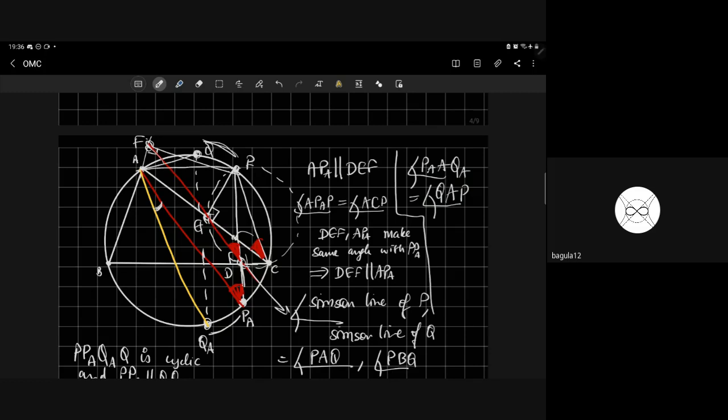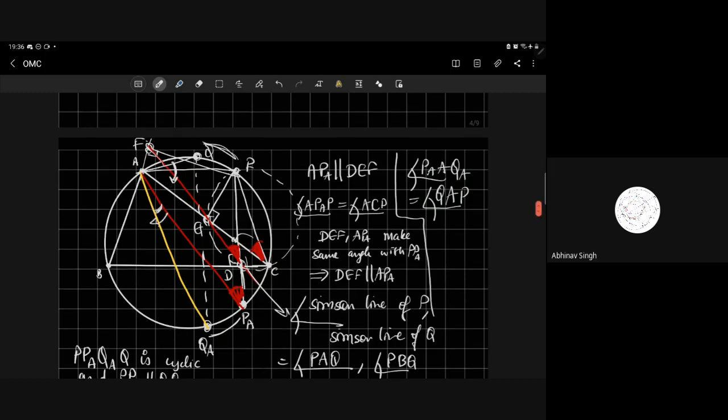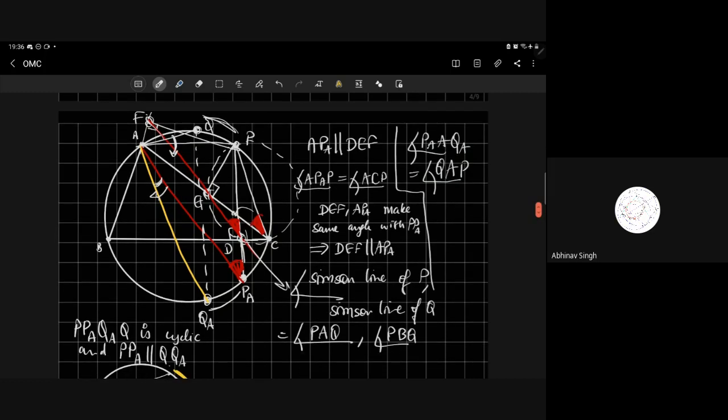This one. Yeah, got it. So this one is the angle between the red and the yellow line, so that's the angle between the Simpson lines. And this one is just dependent on P and Q. So the angle between Simpson lines has a really nice expression.